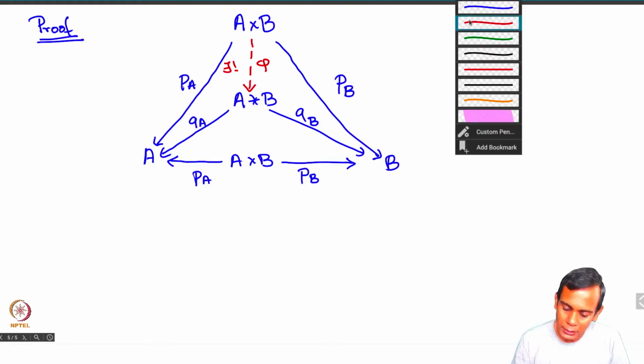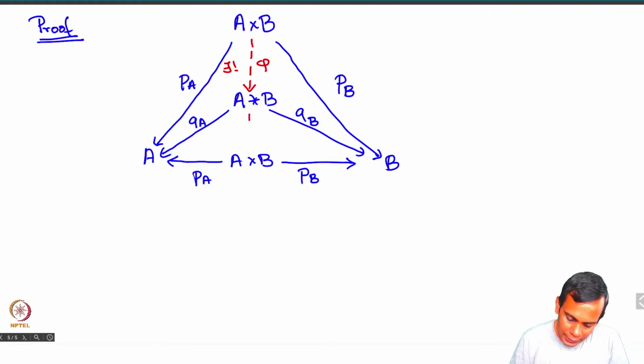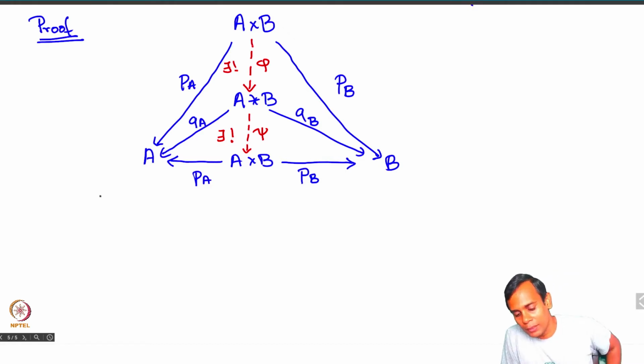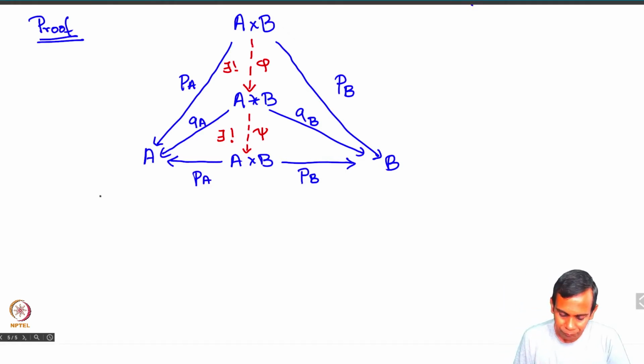So then the universal property of the product says that there exists a unique arrow psi from A star B to A cross B, which makes this diagram commute. So the universal properties of this whole commutative diagram comes about because of A cross B and A star B both being products.